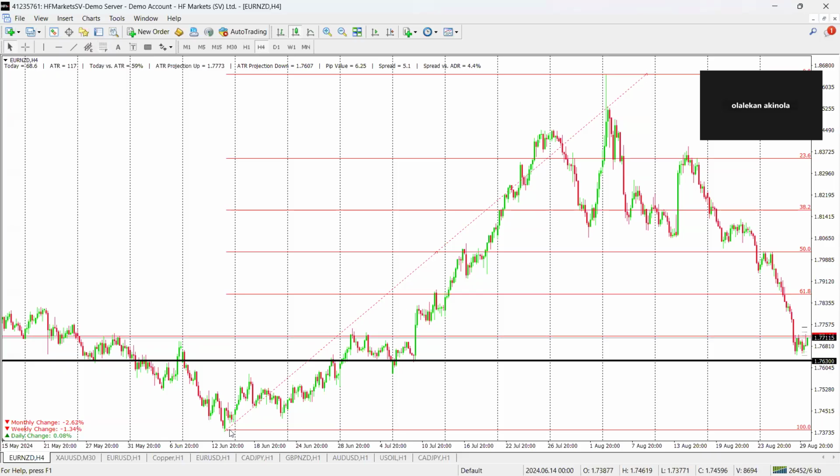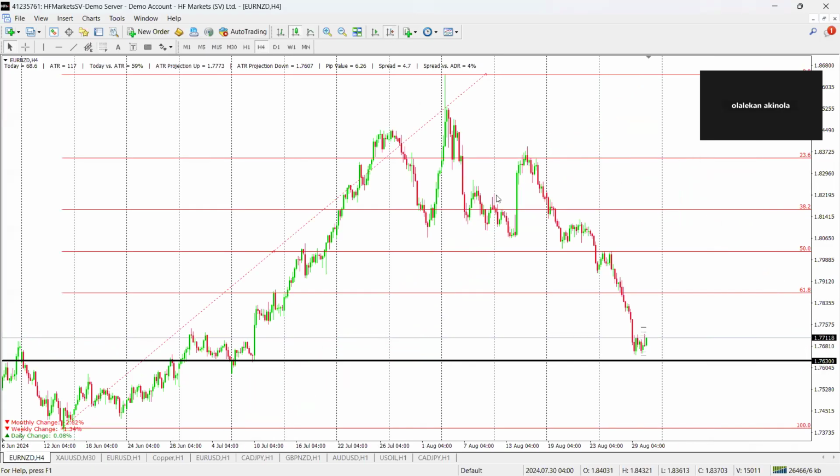Now, from what I can see here on this fib level, we're way below 61.8 when it comes to retracement. And that means the fib is telling us right now that downside is the most likely thing to happen.